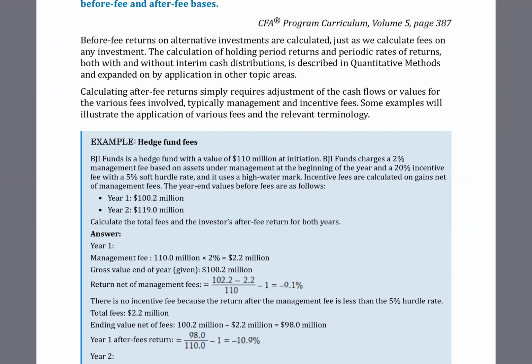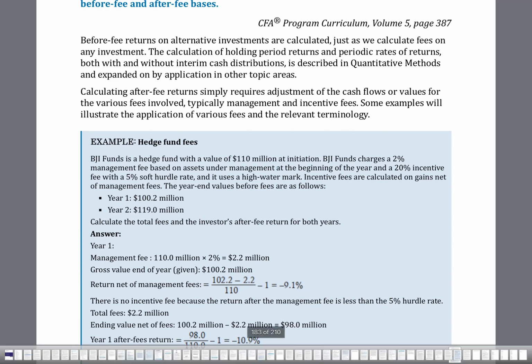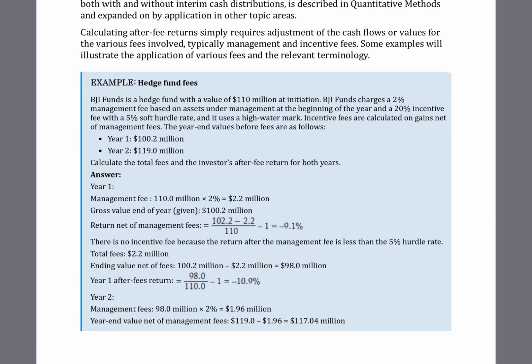So the soft hurdle is saying that if you started with 110, and I asked you to make 5% of the 110, and indeed you make that 5%, then at the end of the day I will pay you 20% of the total amount that you have made. Looking at this, when we started with the fund management business, the asset under management was 110 million. 2% of that comes to 2.2 million.